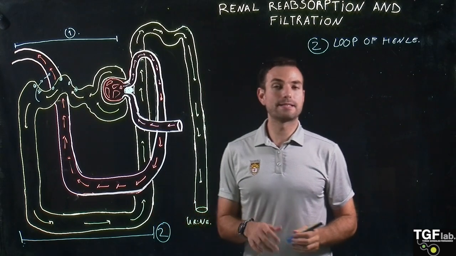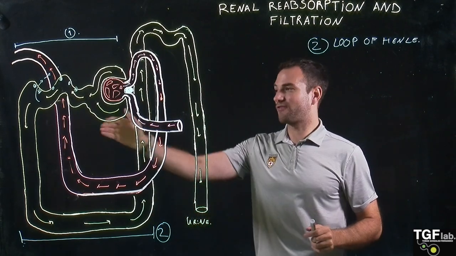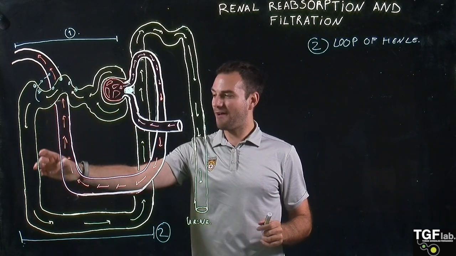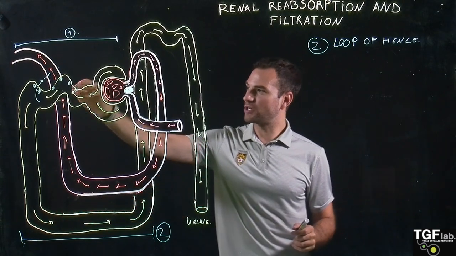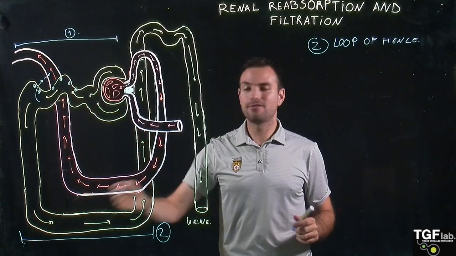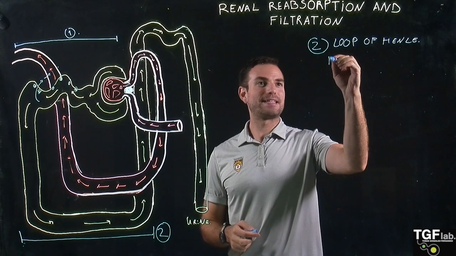Okay, so in this loop of Henle, we have two different limbs. So we have this limb here in which the tubular fluid is going to go down, right? So this is the descending limb.